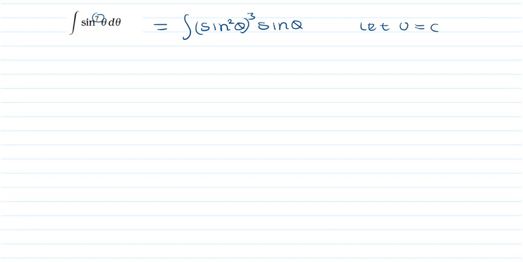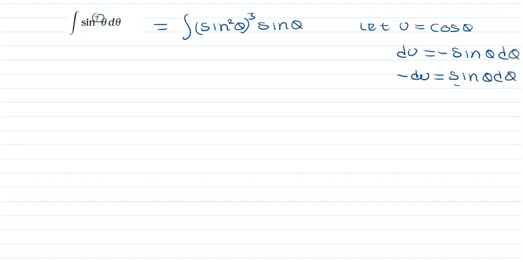With this, it's easy to handle this question, so we can say let u be equal to cos theta, knowing that when you differentiate this du, you are going to get negative sine theta d theta. And already you can see some similarities where when you multiply by negative both sides, you're going to get negative du equals sine theta d theta.